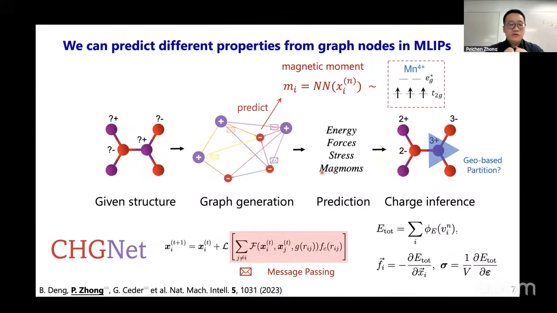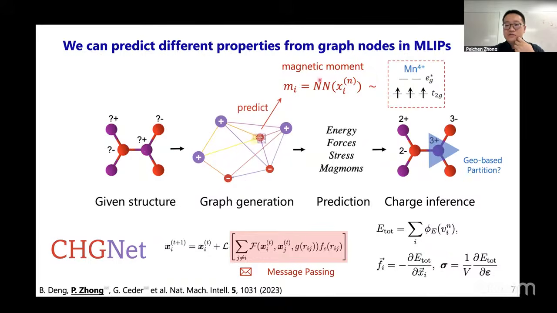The development of graph neural networks is nicely demonstrated in the interatomic potential. But what we are thinking about is what we can do differently beyond the interatomic potential. After the message passing, we can use the graph node information to predict various properties. For example, the magnetic moments. The magnetic moment is a very important quantity for transition metal oxides.